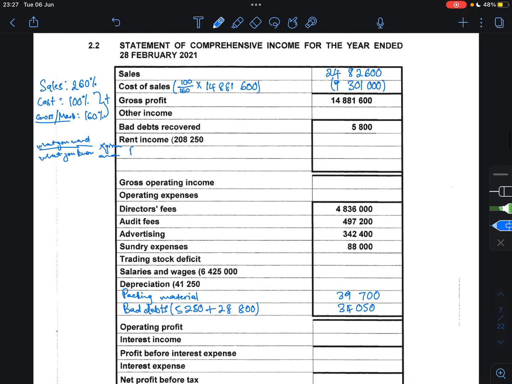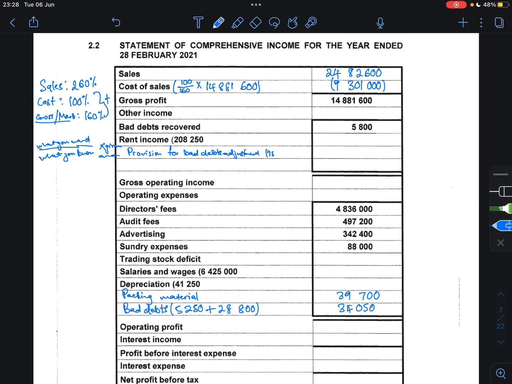And then we come here, we have bad debts adjustment, or you could just simply say provision for bad debt adjustment, and then you show your calculation.